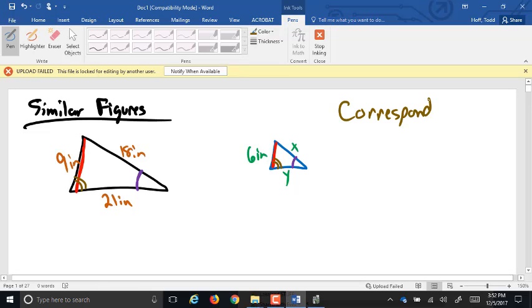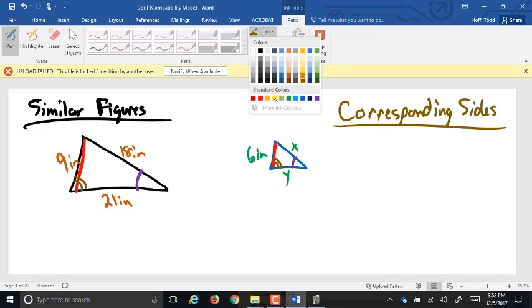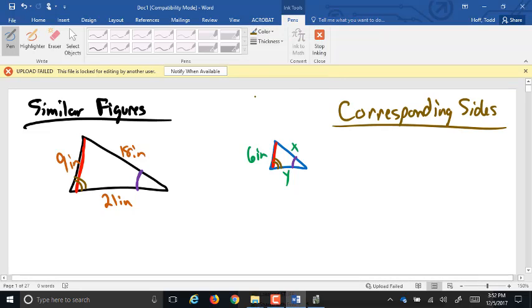To deal with similar figures, and not just triangles, but it can be any shape, we have something called corresponding sides. Corresponding sides are the same side from before and after the reduction or the enlargement. In this case, that's the one I have in red on each of them.